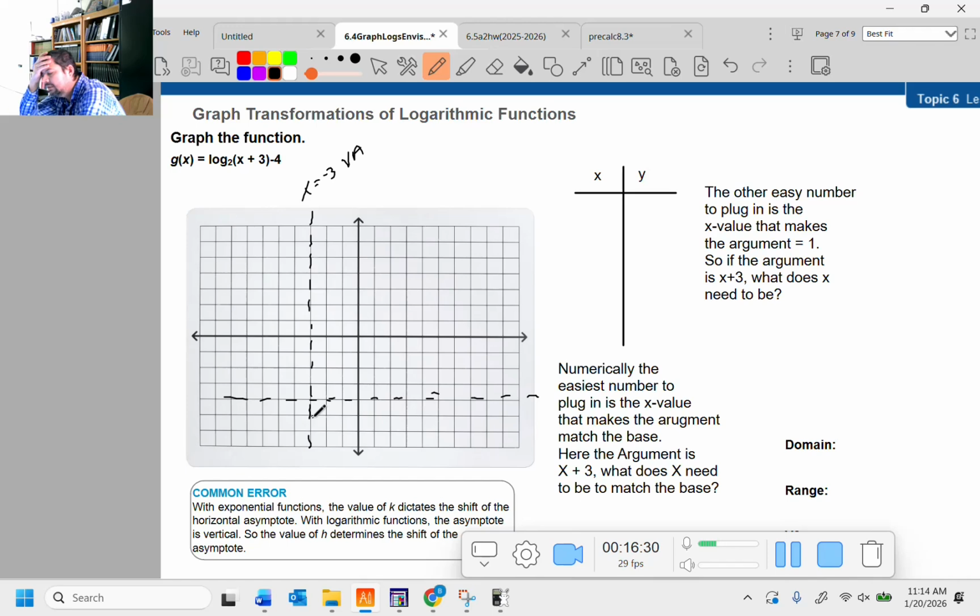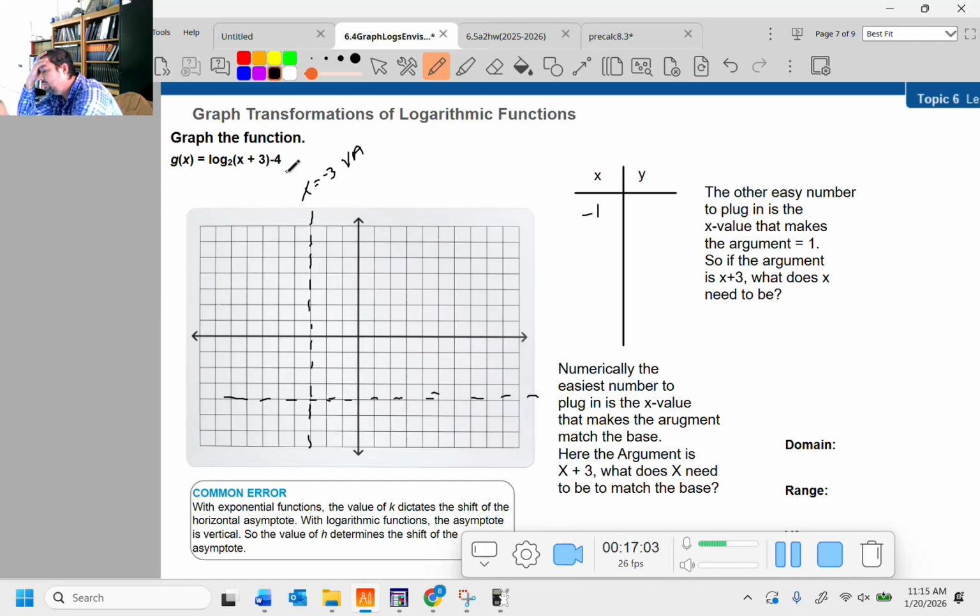The table here: log base 2 of x plus 3, minus 4. So you've got to do a little math to think about the easy numbers to plug in. One of the easy numbers to plug in is going to be negative 1, because this will make the argument be 2.